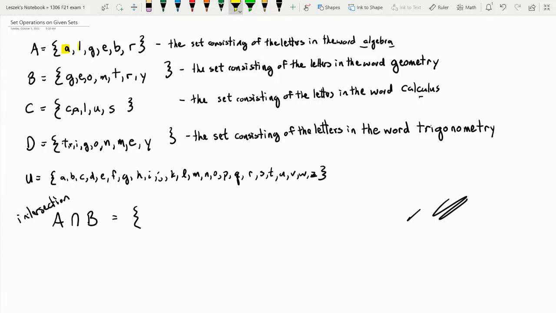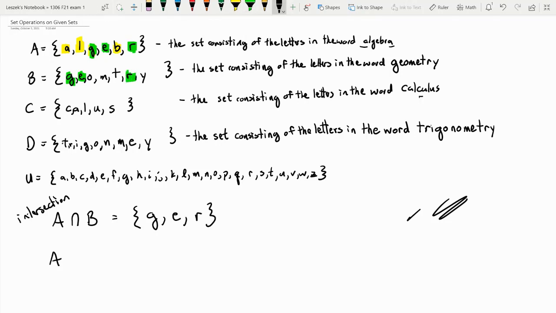L is in set A, but not in set B, so it cannot be in the intersection. G, there you go, it's in both sets, so it's in the intersection. So is E. B is in A, but not B. And then finally R.